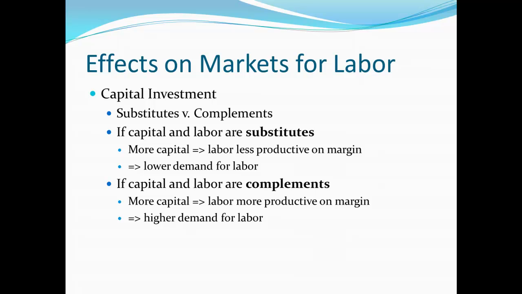Now, the reality is that a particular capital investment can actually cut both ways for different types of workers. One of my favorite examples of this comes from Willy Wonka and the Chocolate Factory. The more recent movie, I think the recent one is Charlie and the Chocolate Factory. Anyway, it's the Johnny Depp version. In that one, you can see Mr. Bucket, Charlie's father, he loses his job as a result of a certain capital investment that this company made.